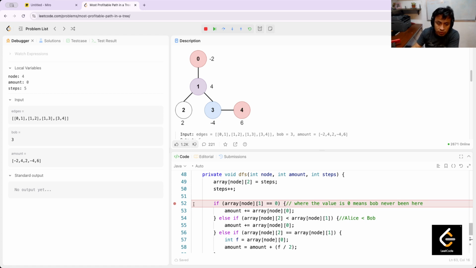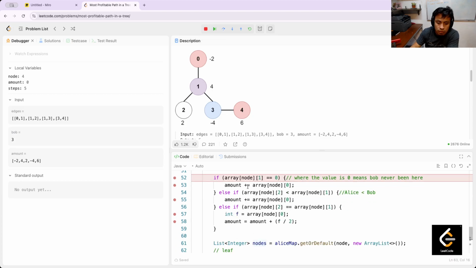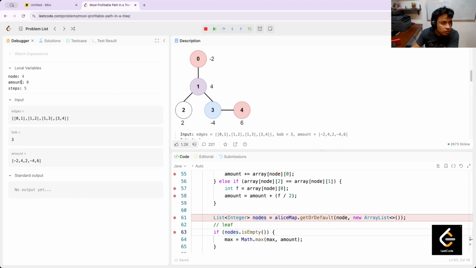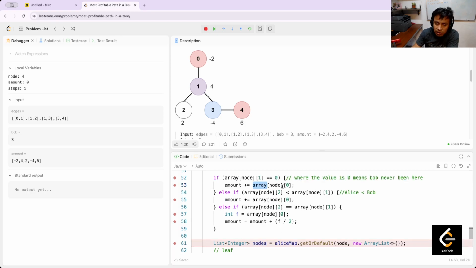Yeah, it should be 0 because Bob never reached this node. Got it. Amount, right node in the index 0. The node is 4. 0, 1, 2, 3, 4. Why is this 0?